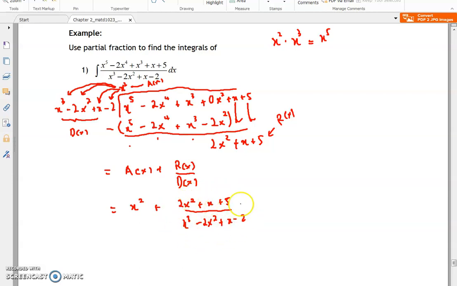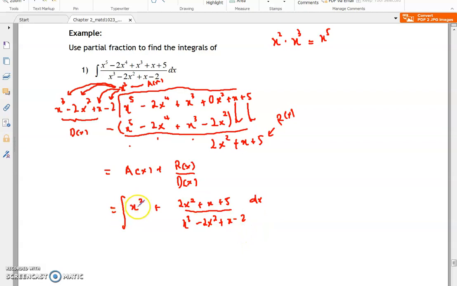If you look at this fraction, it has already become a proper fraction, since the power of your numerator is smaller compared to the degree of your denominator. So now instead of integrating the original, you need to integrate this one.